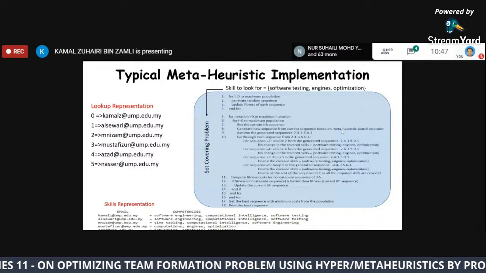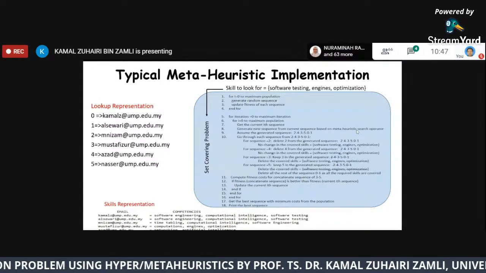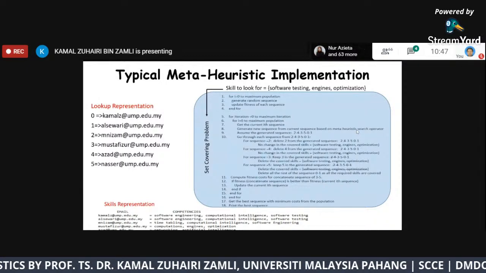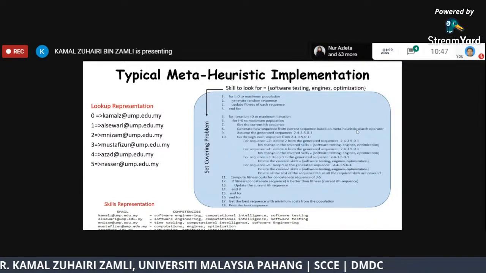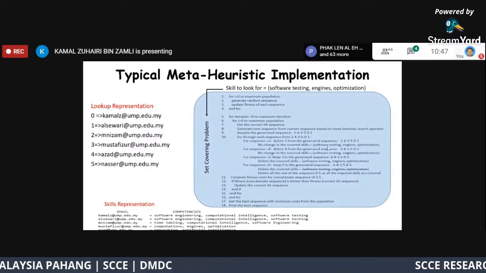And this search operator, for example, if you're familiar with PSO, then you have the velocity, and this is the update operator for PSO.